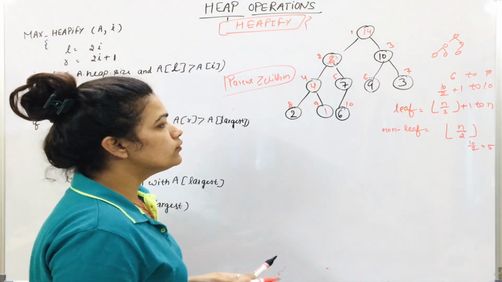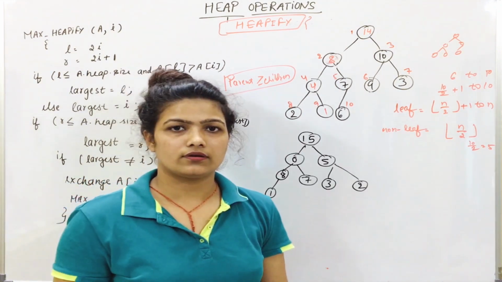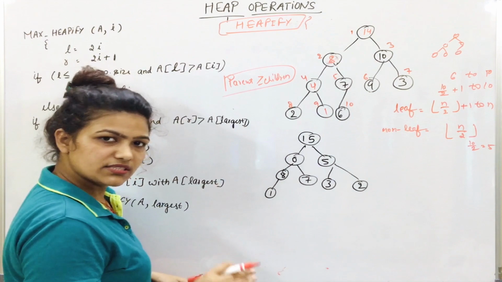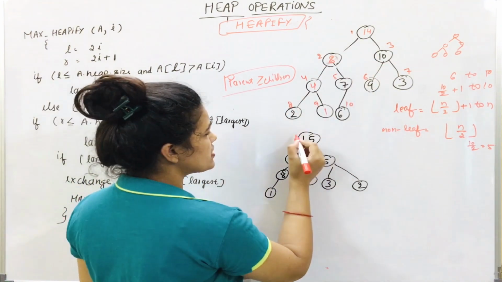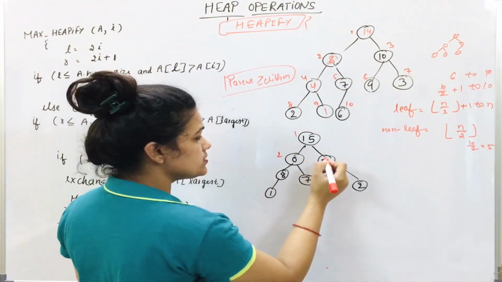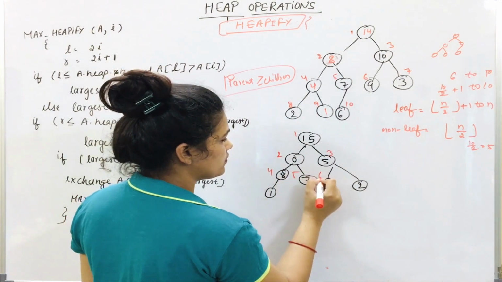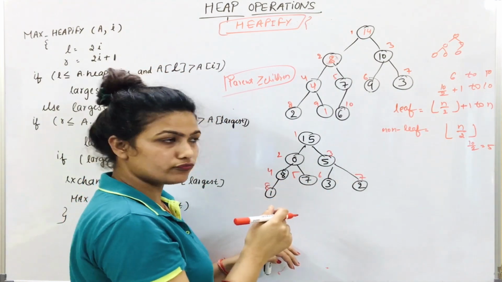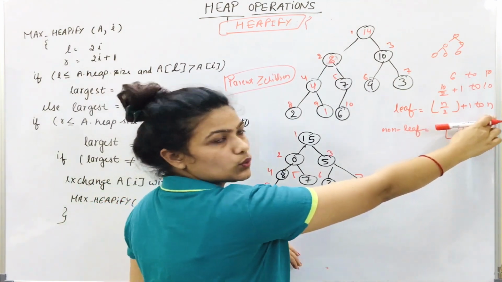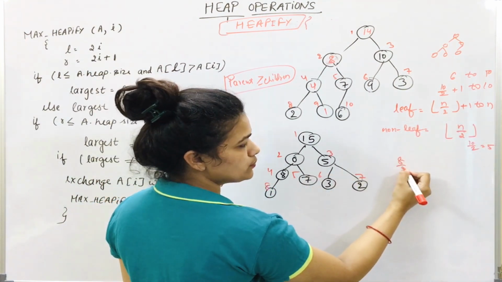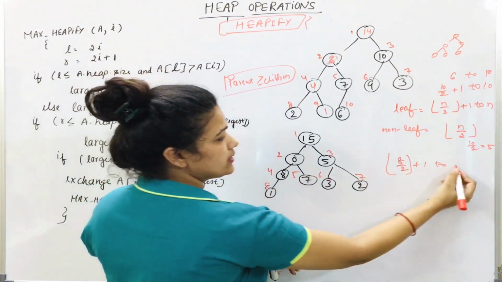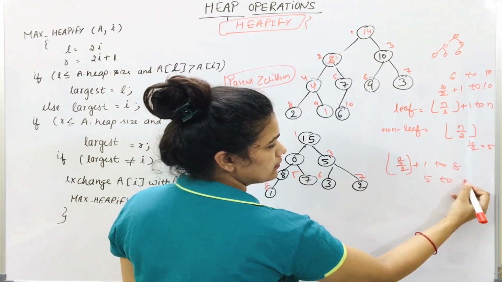Simple. We will take one more example. Now we will see the second example. Simple. In the same way, first we indicate the index positions. There are total 8 elements and the leaf nodes will be from n by 2 plus 1 to n. Means 8 by 2 plus 1 to n means 8. 5 to 8.